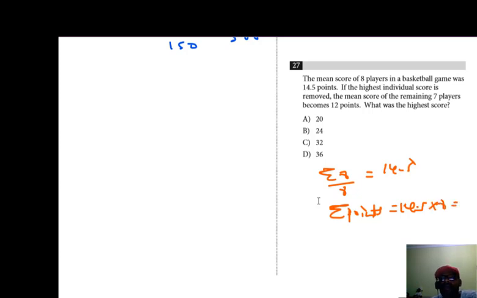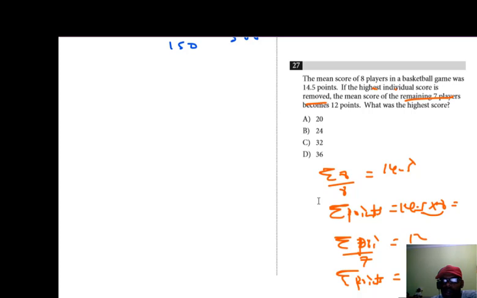If the highest individual score is removed, the mean score of the remaining 7 players becomes 12 points. The summation of those 7 players is 12 points each, so the sum of all the points will be 12 times 7.